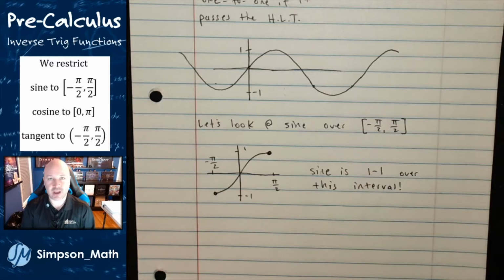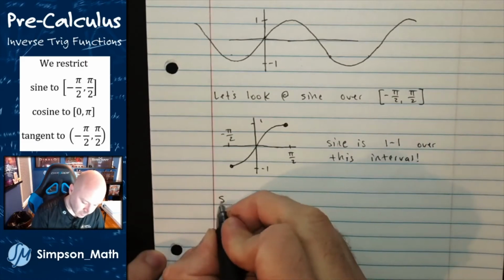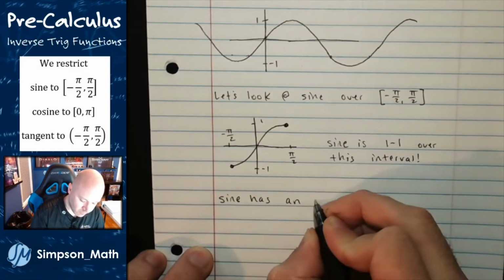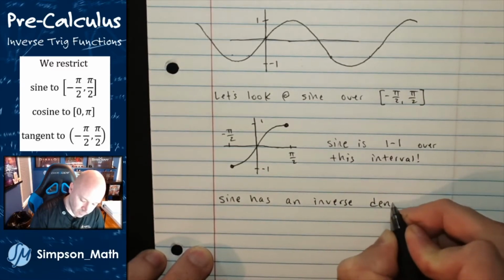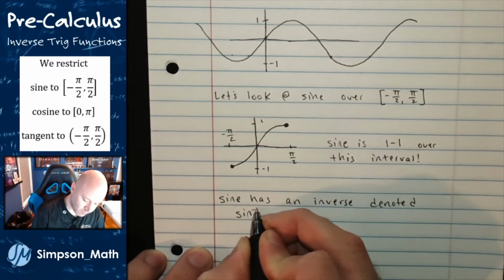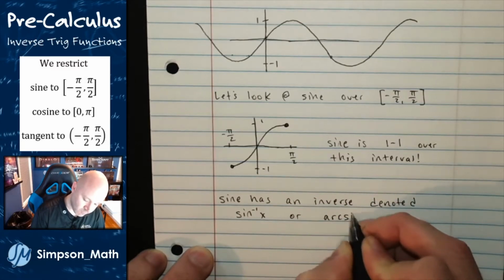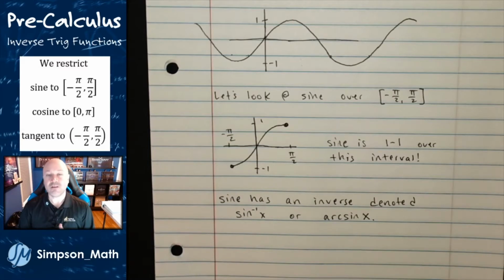We call it inverse sine. There's another name, arc sine. Both of them mean the same thing. Two ways to write arc sine or inverse sine.